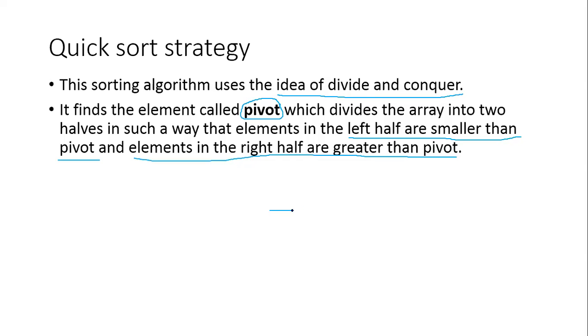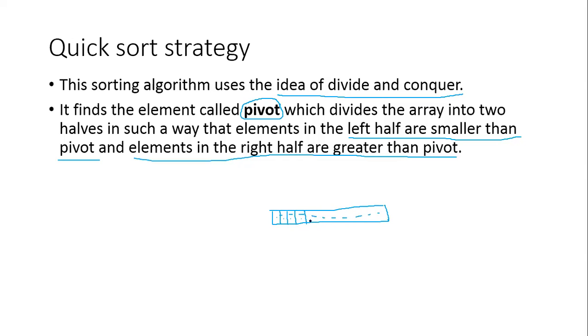But remember one thing: if we have an array like this, and I have many data to sort over here, and each and every location contains a value, any value, any location can be pivot.